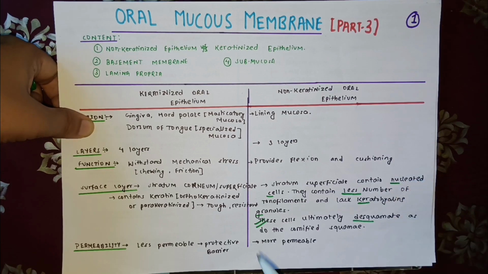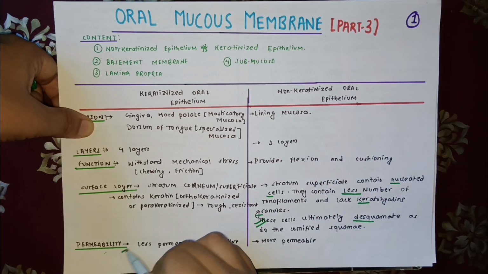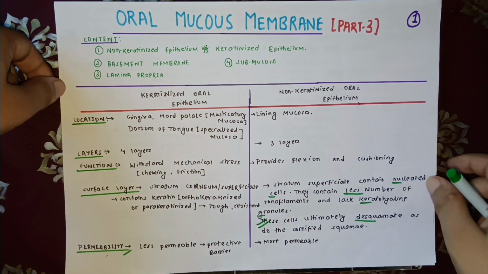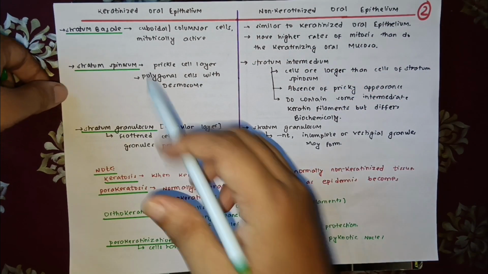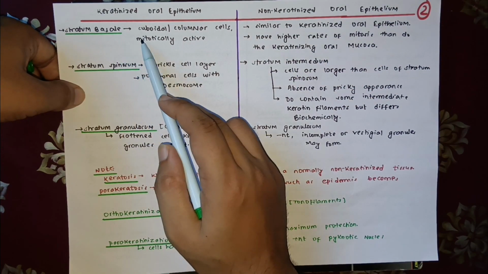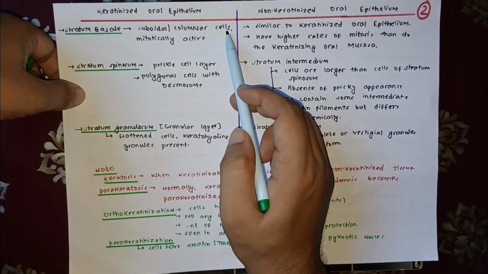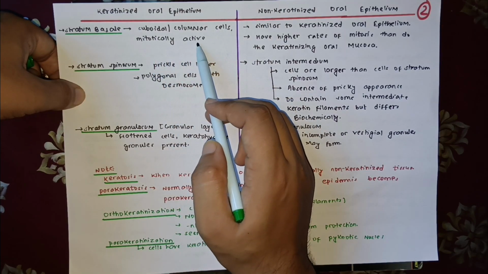After that, permeability. Keratinized oral epithelium is less permeable and forms a protective barrier, and non-keratinized oral epithelium is more permeable. These points are easy to understand, and I think you can remember them easily. After that, in the stratum basal we have cuboidal or columnar cells, and they are mitotically active.